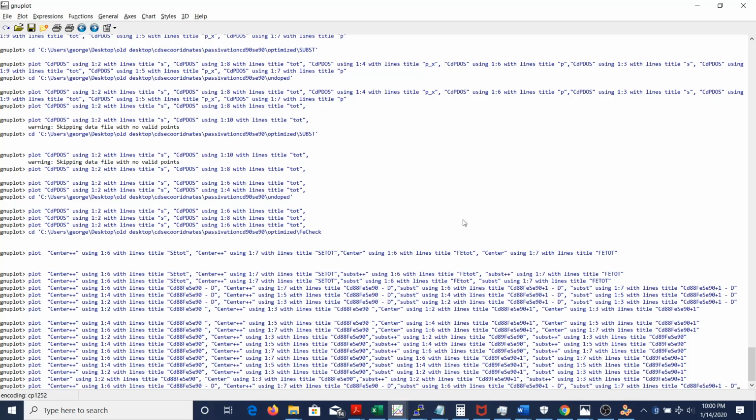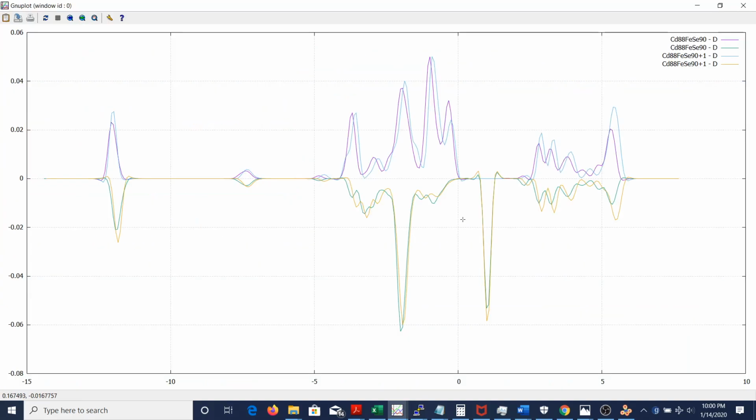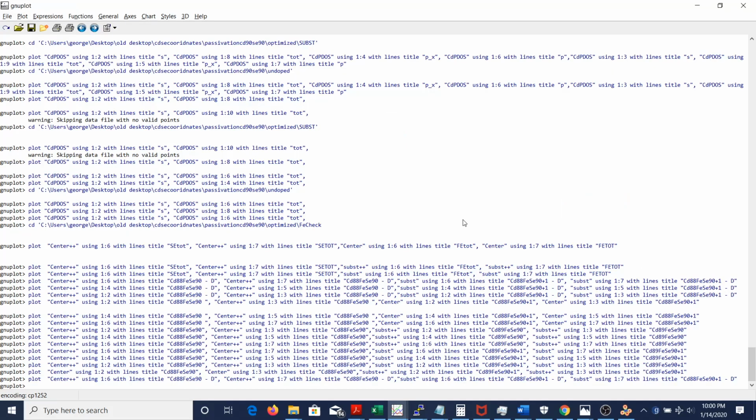Oh, sorry, that was my mistake, I used the wrong one. I'm supposed to do the center, so I'm starting off first with the s orbital, my mistake.